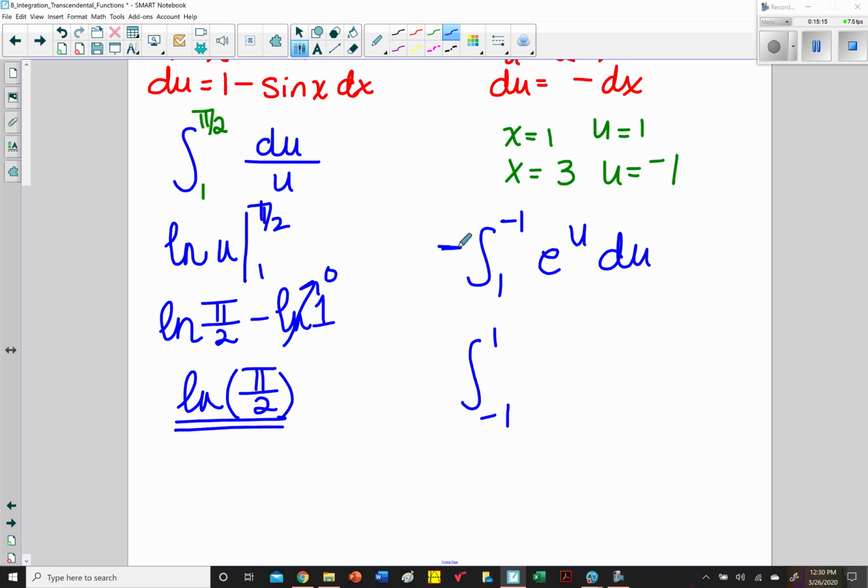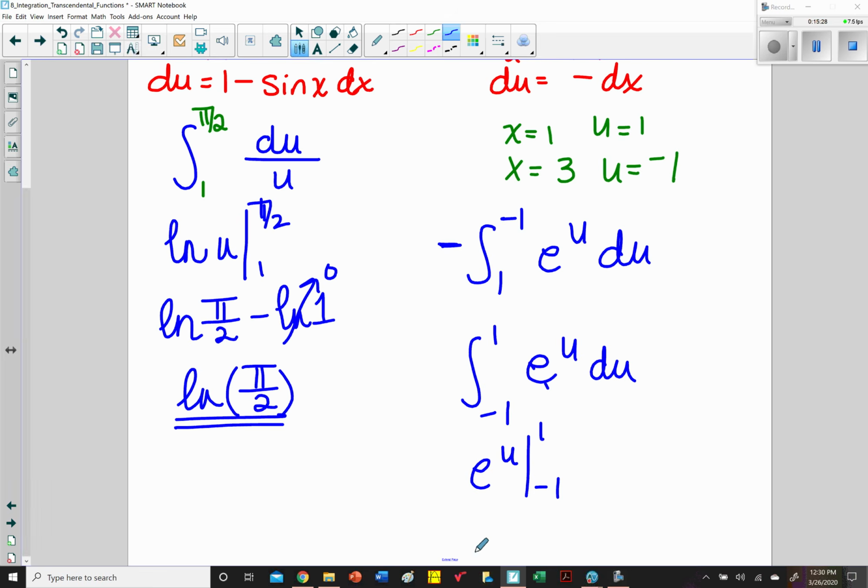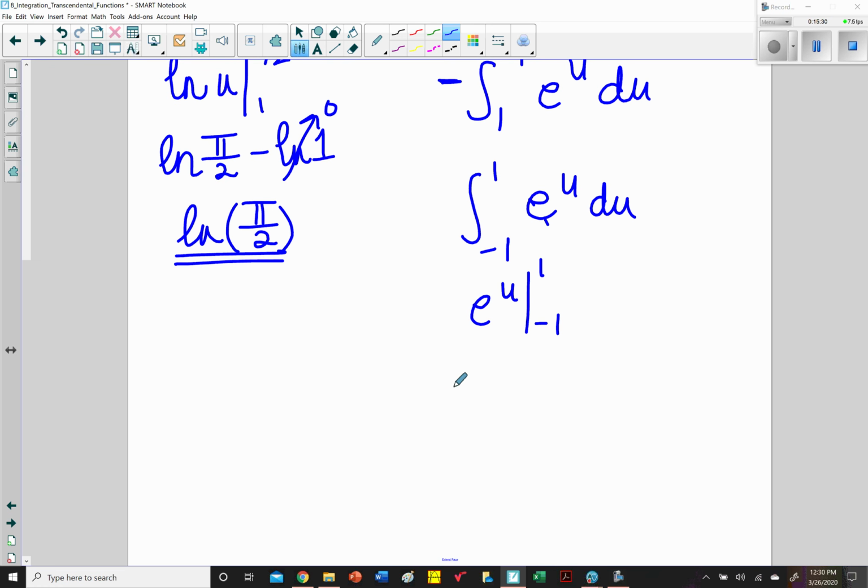That turns this positive, e to the u. The antiderivative of e to the u is just e to the u, evaluated from negative 1 to 1, which gives us e to the 1 minus e to the negative 1. And e to the 1 is e, and e to the negative 1 is 1 over e. This is the exact answer.